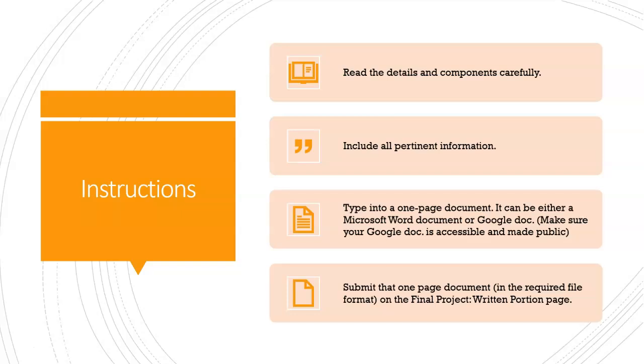So again, the business that you're going to choose, I would advise you to choose a business that's already out there. Let's say, for example, Tesla, Elon Musk, easy to get the information. You don't have to look further. But if you want to be creative and create your own business and your own product, that's okay.